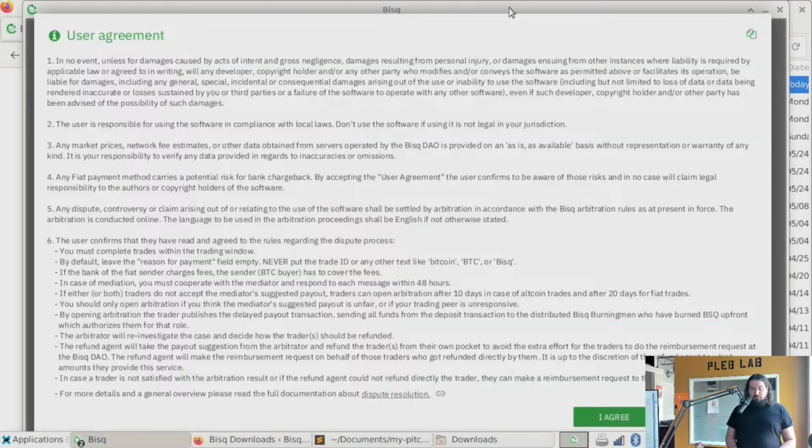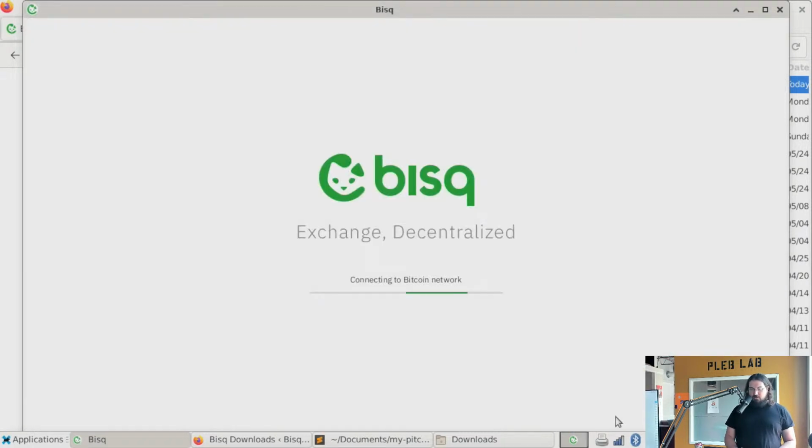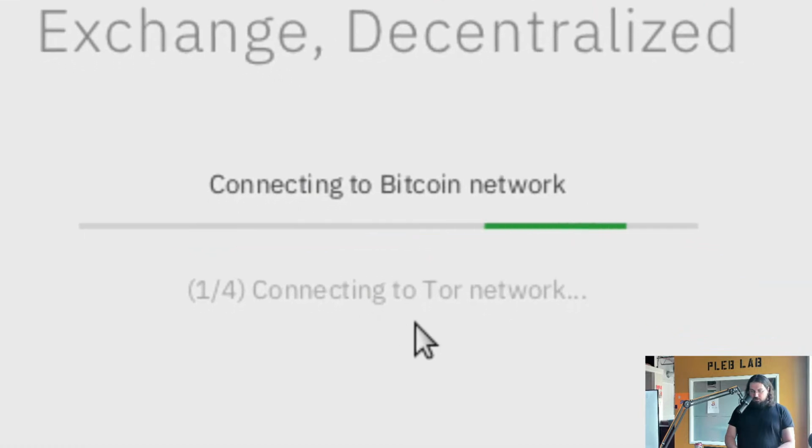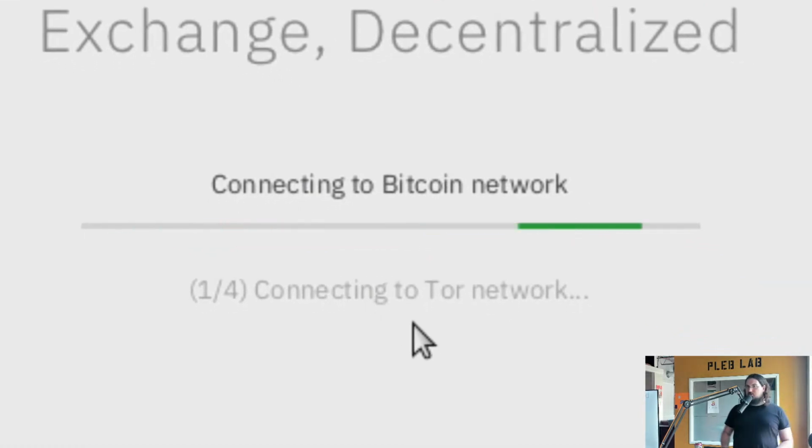Okay, so there is an end user license agreement which wants you to read, and it's telling you about how it works, that they never have custody of your funds unless you send it to arbitration, in which case they may never give it back to you, and they've got a bunch of other information, so we'll just agree to that and get to it. So right now, Bisq says it's connecting to Bitcoin network, connecting to Tor network.